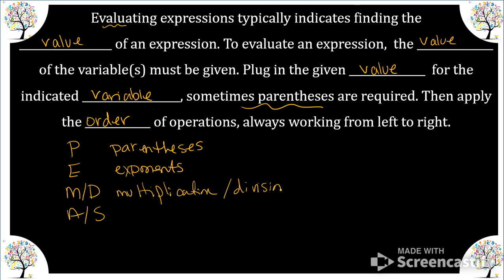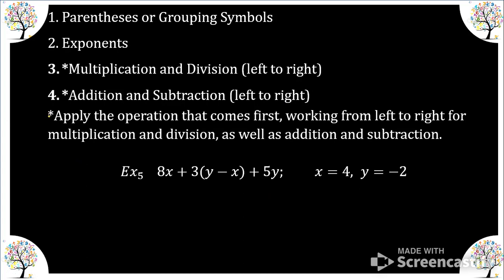And then last, we add or subtract, again, whichever comes first, going from left to right. So parentheses or grouping symbols, exponents, multiply or divide, and then add or subtract. Okay, so let's take a look at example number 5.